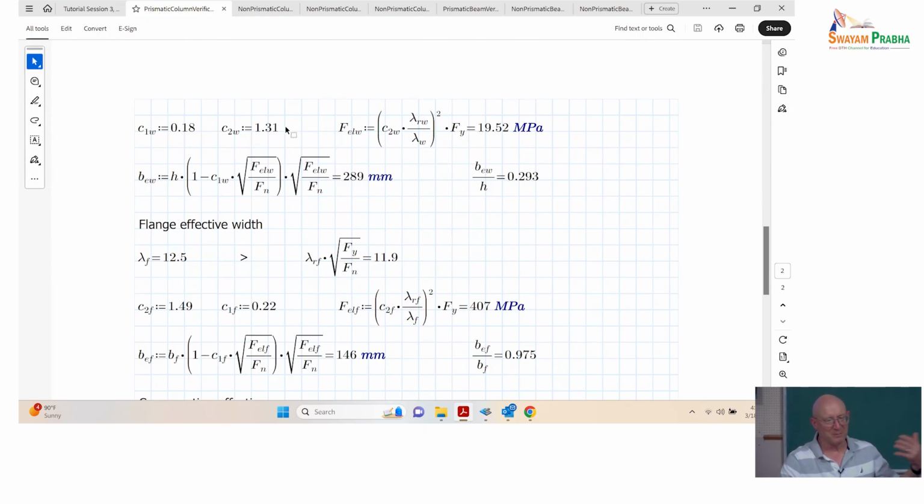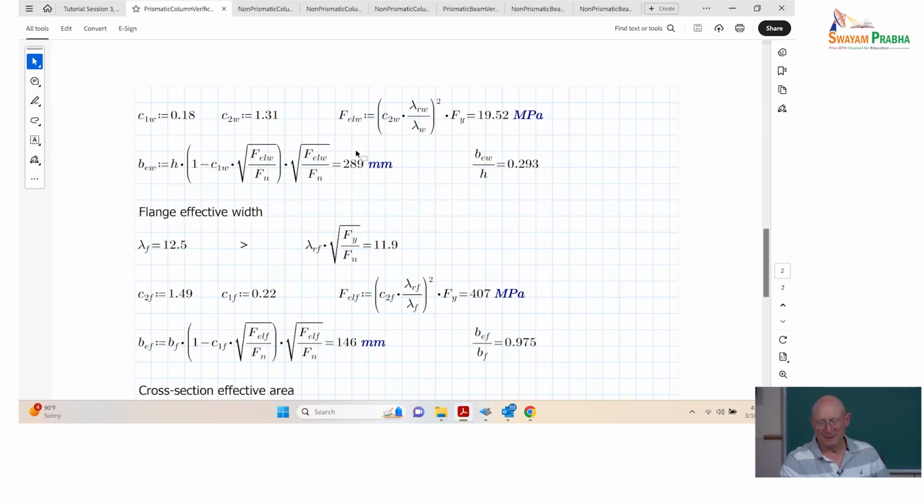We spent some time glazing your eyes over and looking at how we dive in and do a deep derivation of C2 given C1 late last week. And so here's Dr. Schafer's equation that basically says, okay, given a non-slender limit, lambda rw, given your plate slenderness, lambda w, let's calculate the elastic buckling stress.